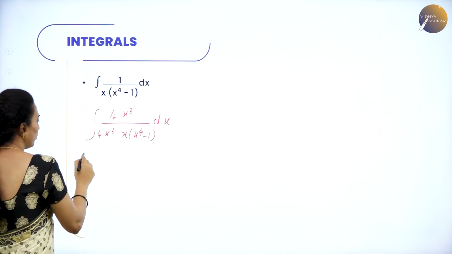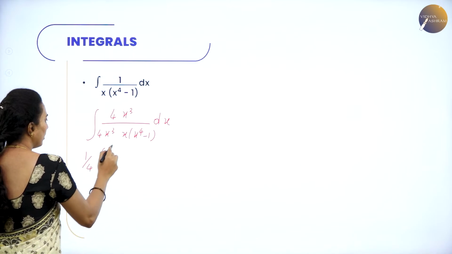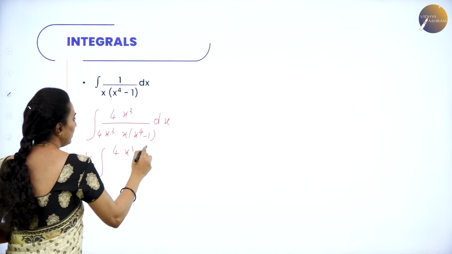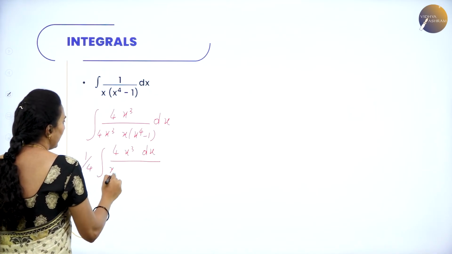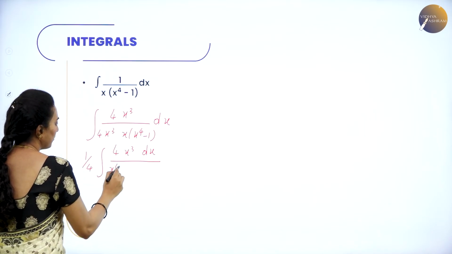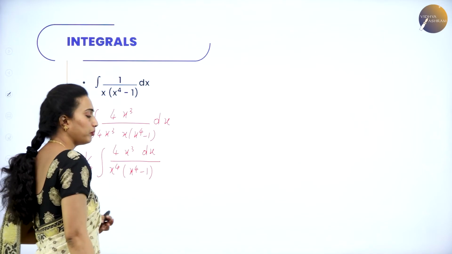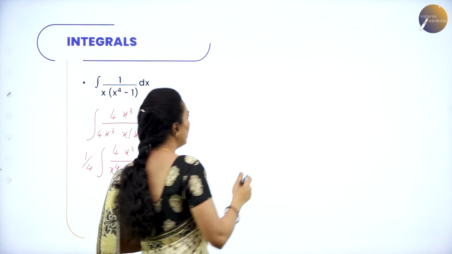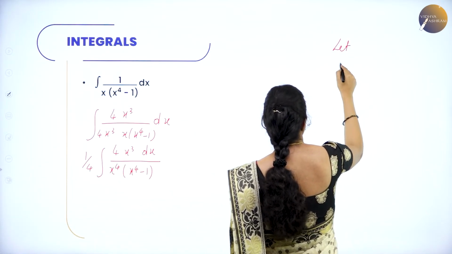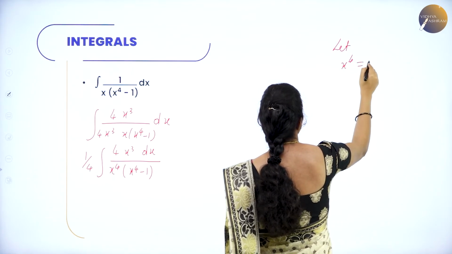Now this 4 I am going to take outside: 1 by 4 into the integral of 4x cube dx divided by x cube into x to the power of 4 into (x to the power of 4 minus 1). Now here I am substituting, let x to the power of 4 be equal to t.